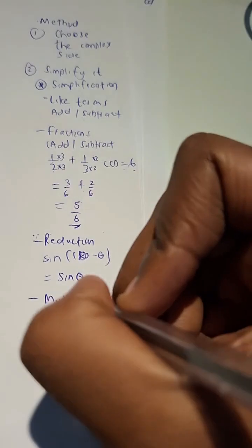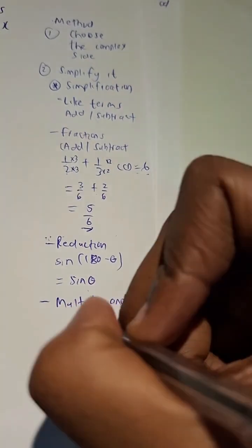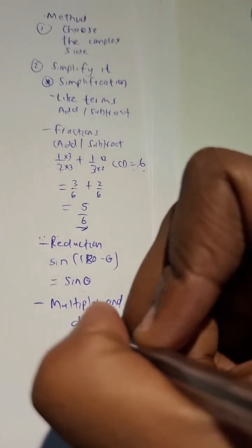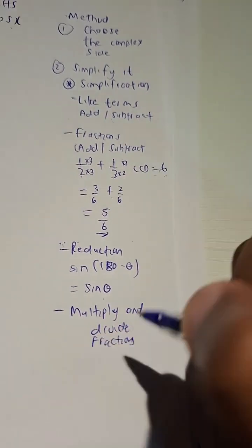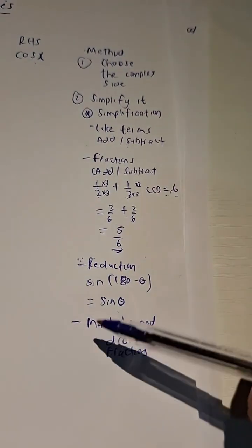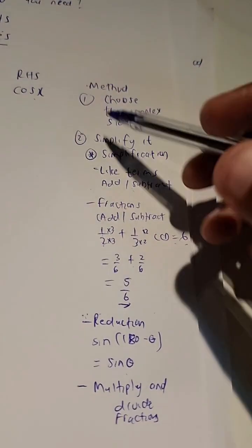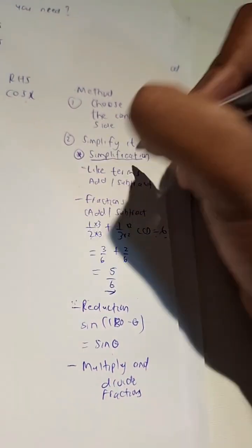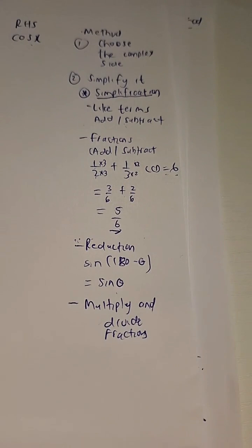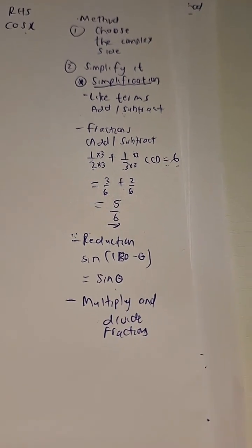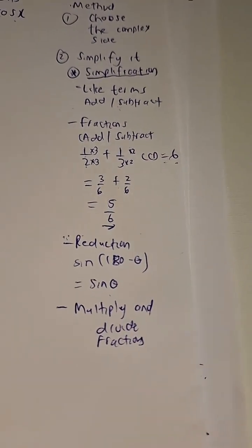Also, you need to know how to multiply and divide fractions. So that's what I mean by simplification. Simplification is one of the important strategies that you first check before you do anything else when you are trying to simplify that complicated side.